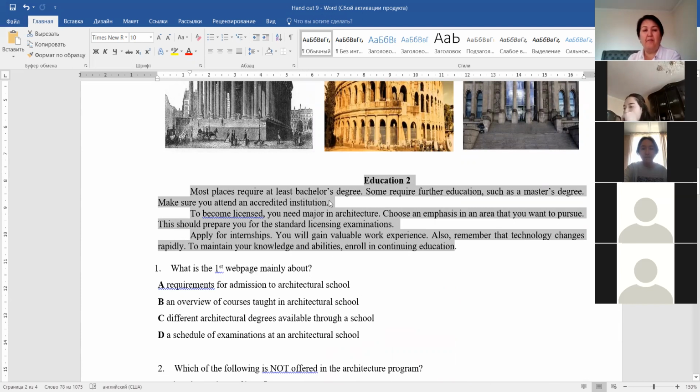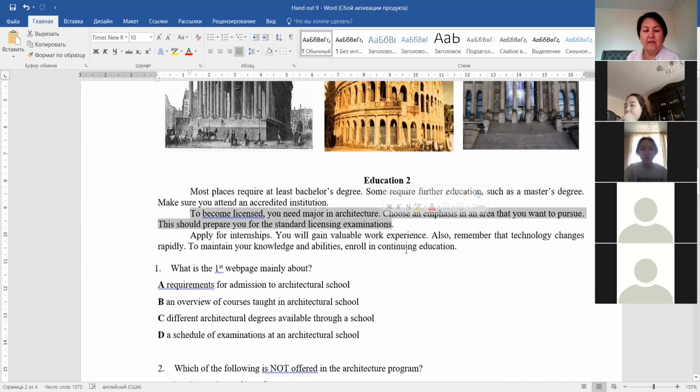Most places require at least a bachelor's degree. Some require further education, such as a master's degree. Make sure you attend an accredited institution. Good, thank you.